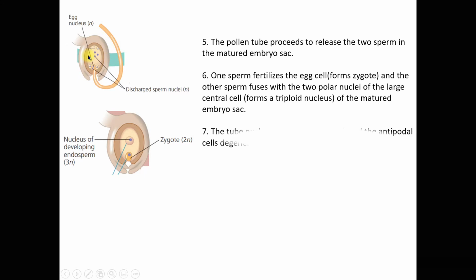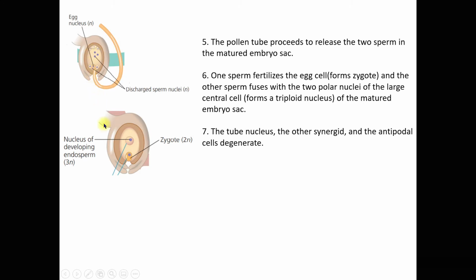Next, one sperm will fertilize the egg cell here, and this fertilized egg cell will form the zygote, while the other sperm will fuse with the two polar nuclei of the large central cell, and this eventually forms a triploid nucleus.